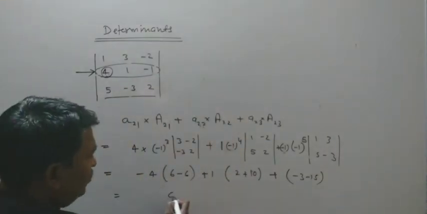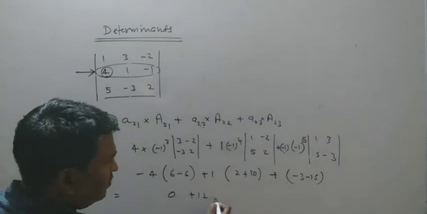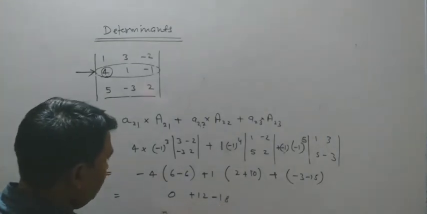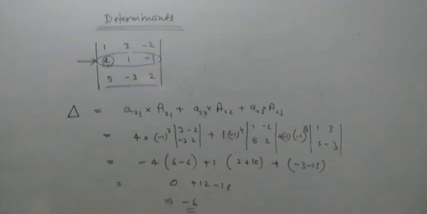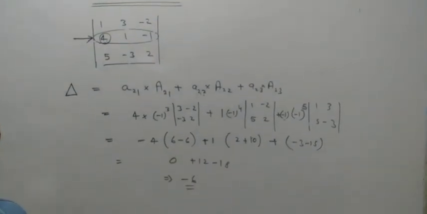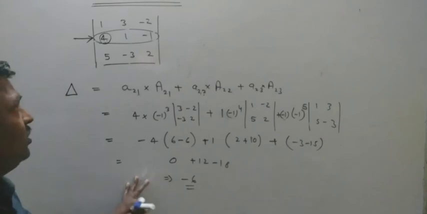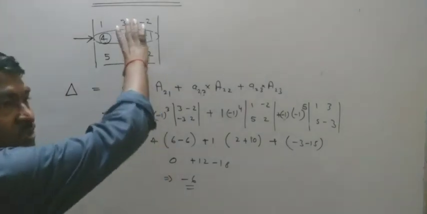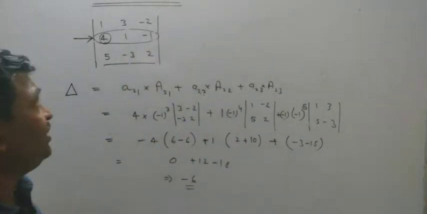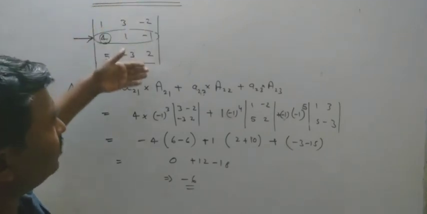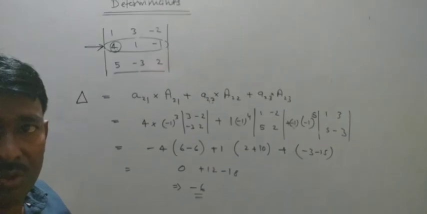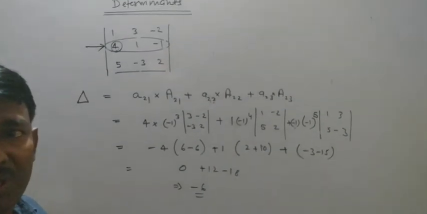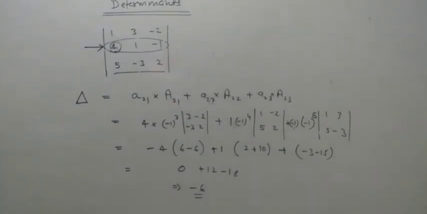So this one is 0 plus 12 minus 18. It implies minus 6. Minus 6. So you can check that the same determinant you can evaluate by taking any one of the columns or any one of the rows, as you know well. Okay, I hope you have got all these things.